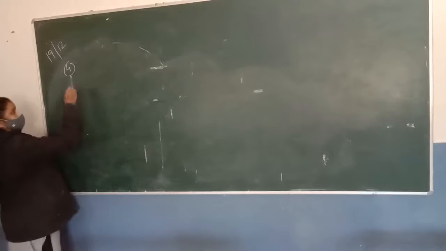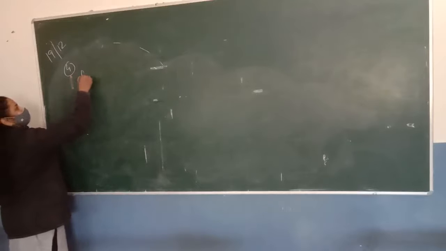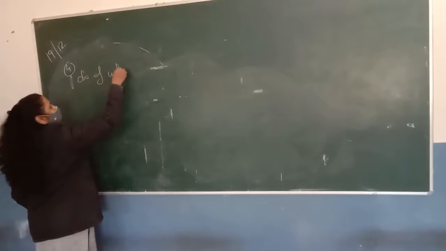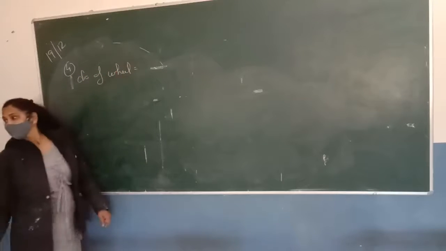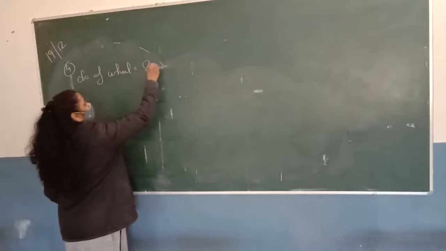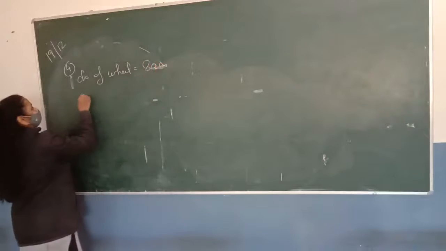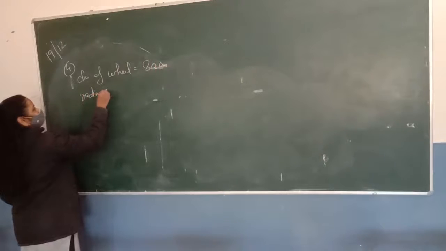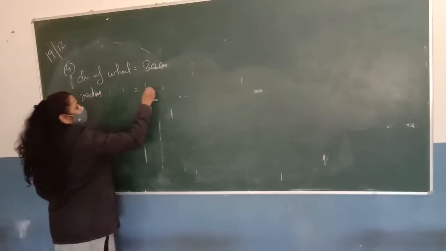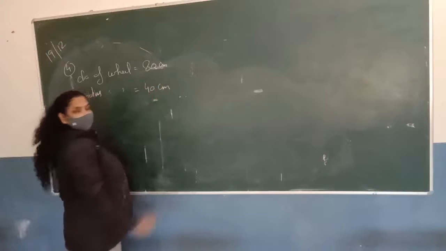Okay, now the diameter of the wheel is how much? 80 centimeter. So we can say the radius of the wheel will be 40 centimeter.